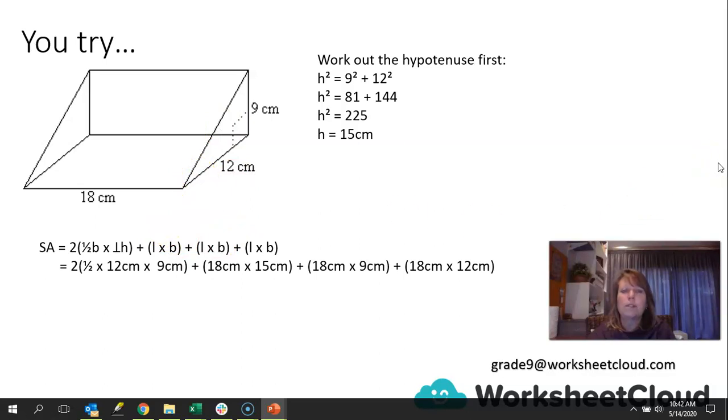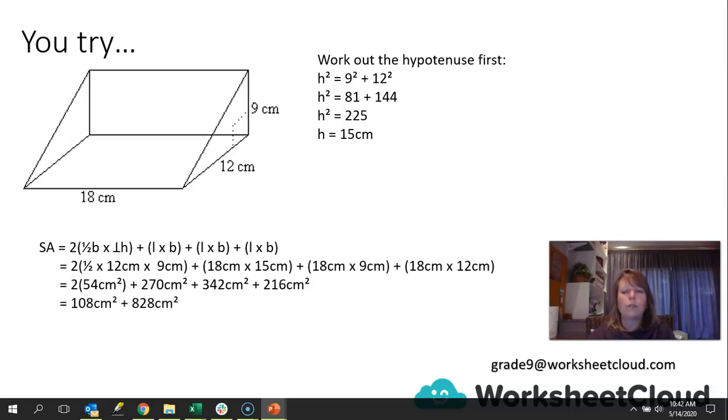Okay, guys, please don't be afraid to use your calculators. I don't think any of us know what 18 times 12 is in our head, and it just takes so much longer to work it out on a piece of paper. So just use your calculators for this. All right, so we've got 54 centimeters squared, as I said, and we've still got to double that. But we've got 270 centimeters squared plus 342 centimeters squared plus 216 centimeters squared.